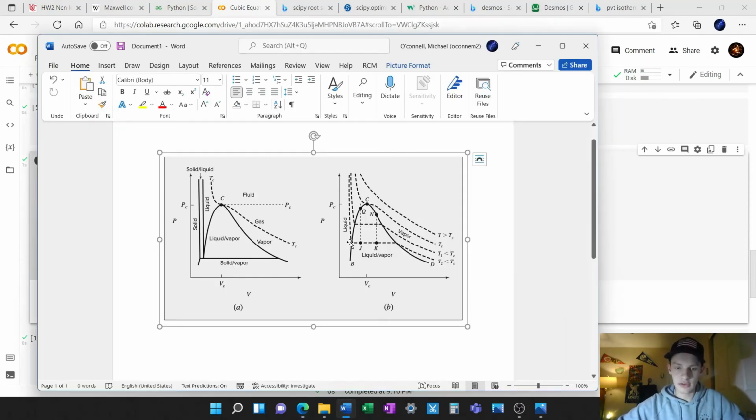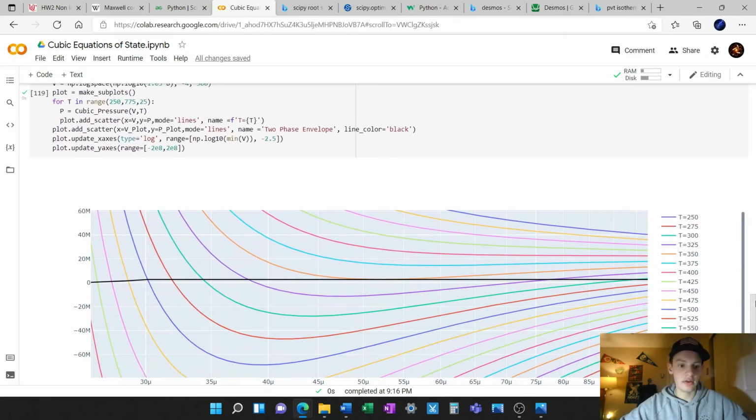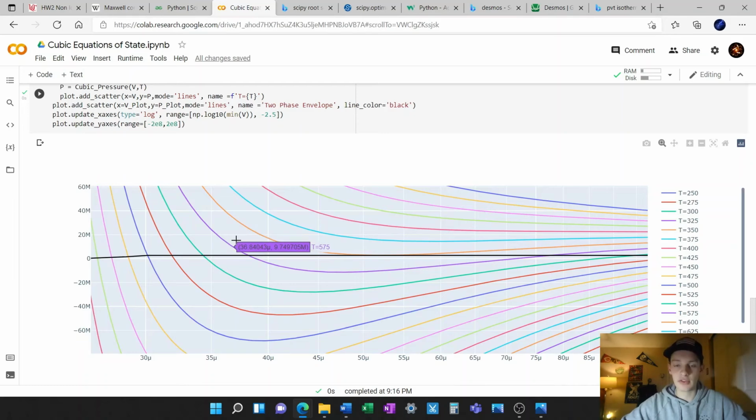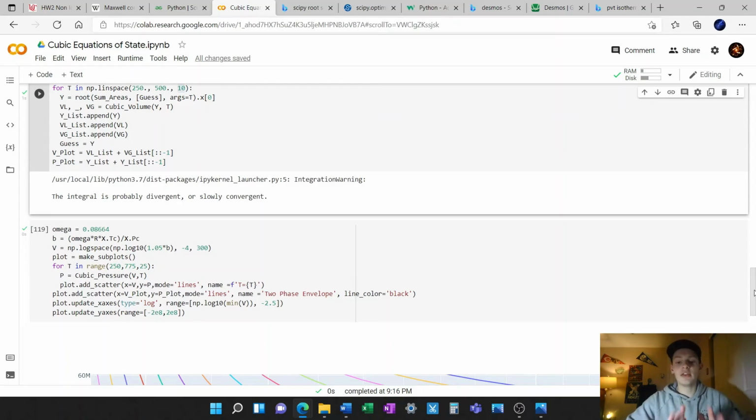As we increase from our liquid-specific volumes and decrease from our vapor-specific volumes approaching the critical point, our changes in temperature are going to get smaller, which means that this constant step of 10 that we have supplied for our for loop for changes in temperature is not going to be right, because we're going to need this to decrease as we move forward. So at first on our isothermic curves, we're going to be taking big steps, big changes in temperature, and then smaller ones.